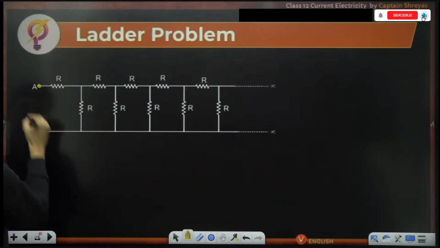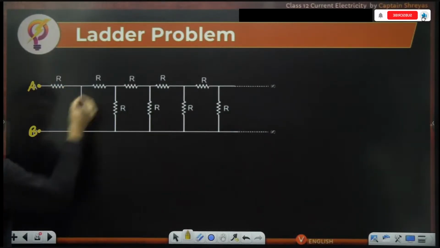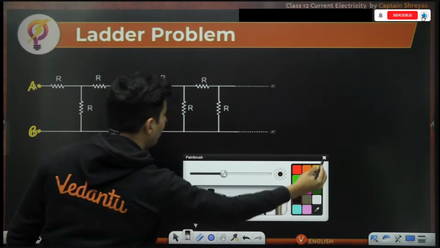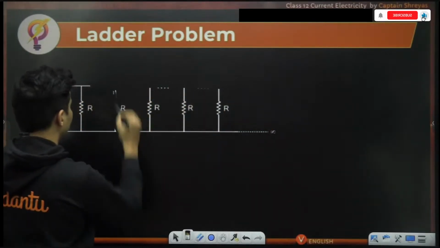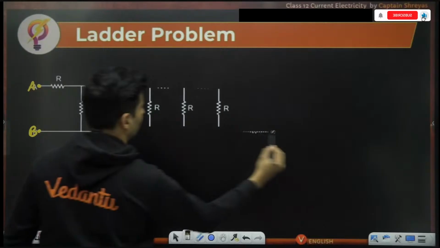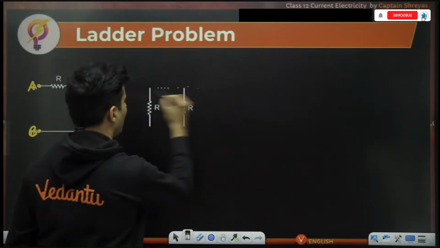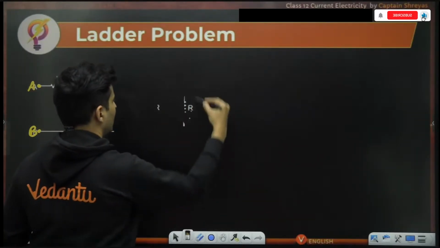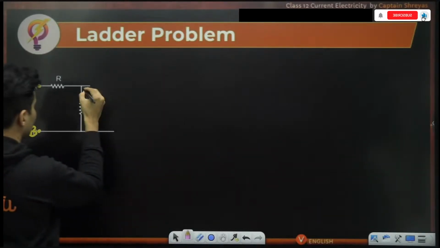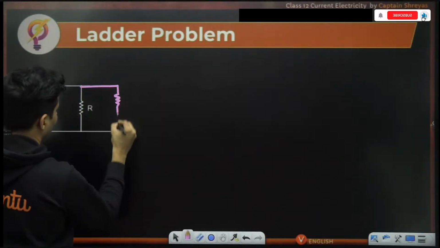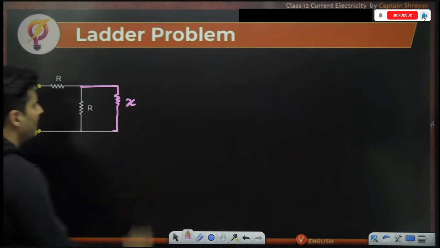This is A, this is B, this is A, this is B. Let me forget all the things in the front completely, and just call it a simple resistance X.